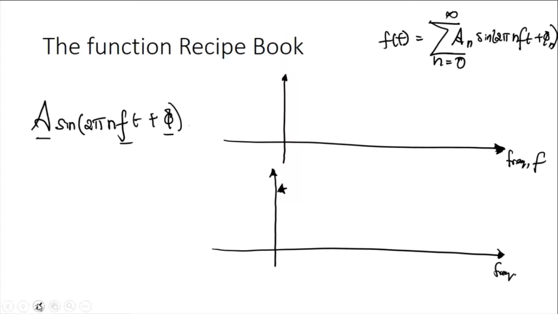Now, this is basically your Fourier series. So basically, you have the function f of t, which is just a bunch of sine waves put together. So what are the sine waves present? You got all these frequencies n times f. So I'm just going to put them all together.